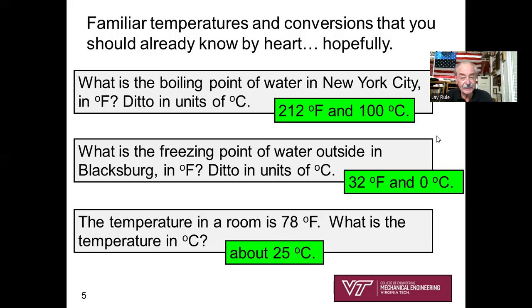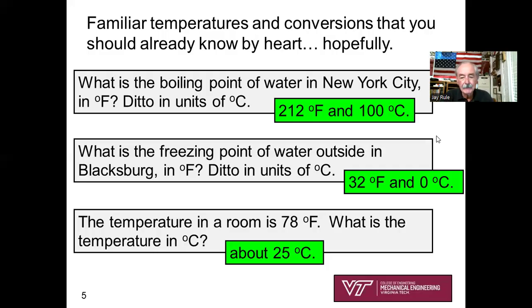Well, I've got the answer sitting there in front of you, but if you hadn't looked at the answer yet, be honest with yourself. If New York City is about at sea level, of course, does it come to your mind that boiling water in New York City would have a temperature of about 212 degrees F or about 100 degrees C? That would kind of make sense to you, wouldn't it?